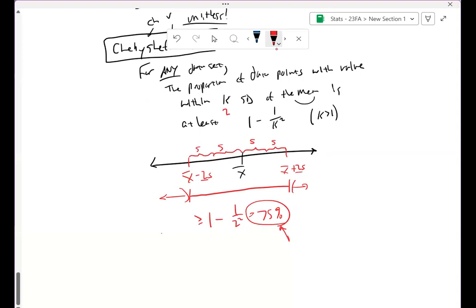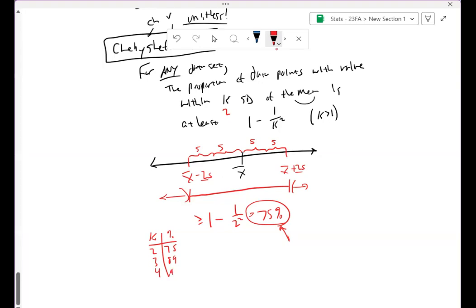So for different values of k, what do we get? The minimum proportion of the data that has to be within 2 standard deviations of the mean is 75%. For 3 standard deviations, we have to have at least 89% of our data points with value within 3 standard deviations of the mean.